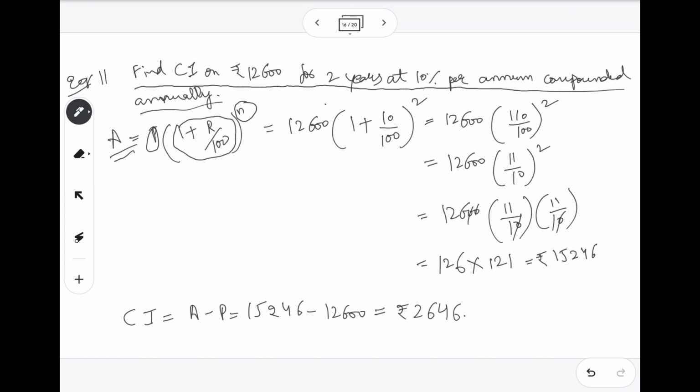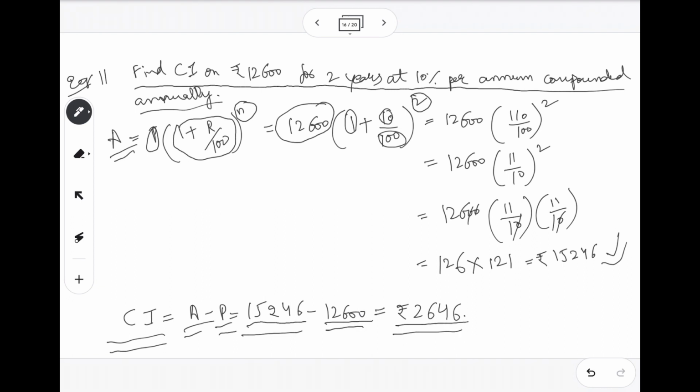So putting the values, we get 12600 into (1 plus 10 upon 100) raised to power 2, which on solving gives the value as 15246. And we know the formula for compound interest is amount minus principal, which is 15246 minus 12600, which comes out to be 2646.